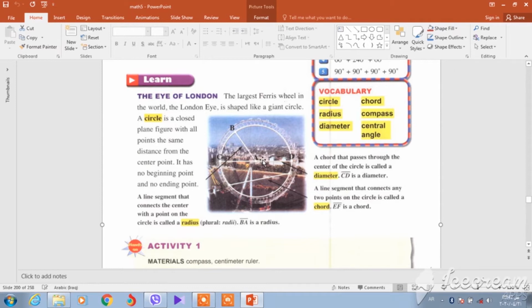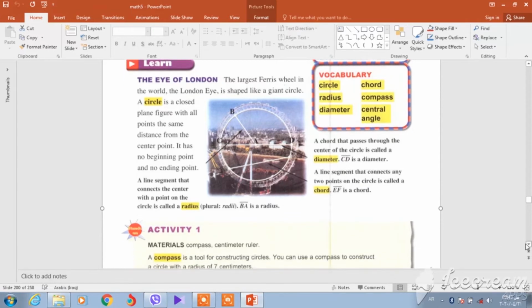Can you say a diameter also is a chord? Yes, because a line segment connects any 2 points on the circle. This is a diameter and a chord, but this is a chord but not a diameter because it does not pass through the center point.